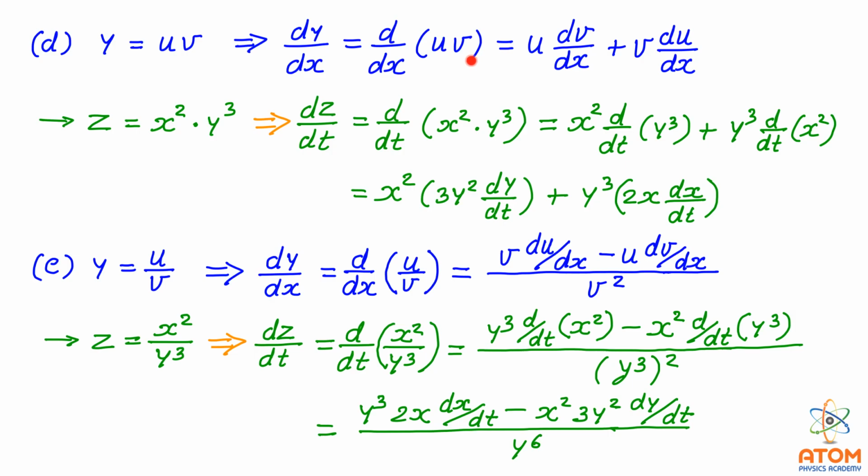Now here comes one rule. You have to differentiate this term by writing it this way: u into dv by dx plus v into du by dx. That means first you have to put the first term as it is, that is u, then differentiate the second term, that is dv by dx, plus now put the second term, that is v, as it is, and now differentiate the first term, that is du by dx.